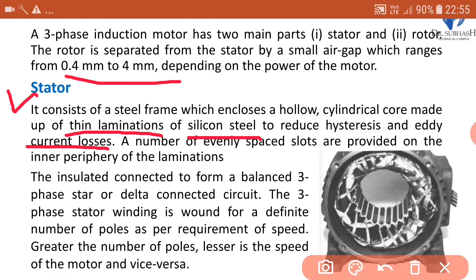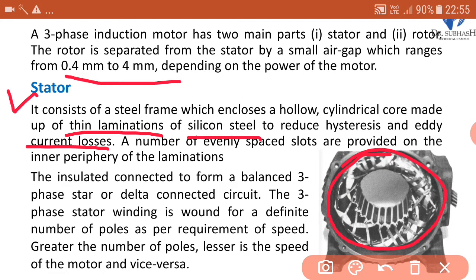In this figure we can see a hollow cylinder, and it is made up of thin laminations of silicon steel. So this is the construction.